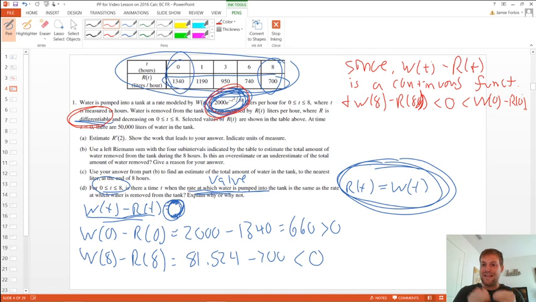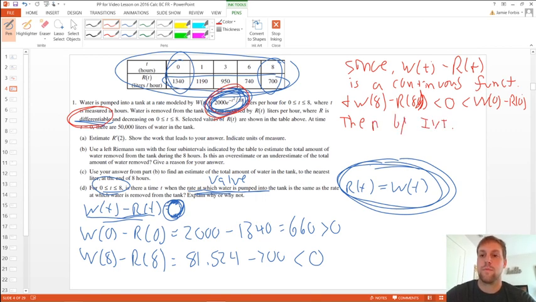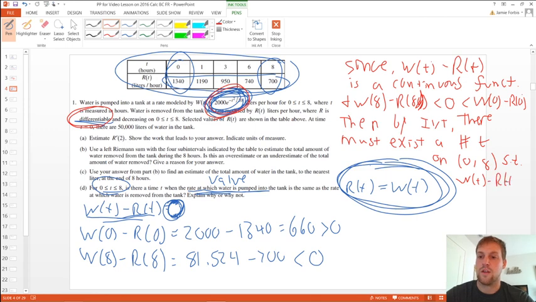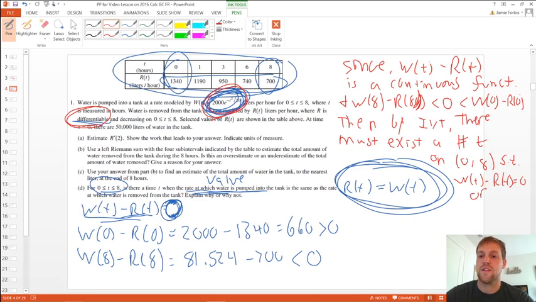Because that interval is true, then by IVT there must exist a number t on the interval 0 to 8 such that the difference W of t minus R of t equals 0, or another way of saying that is W of t equals R of t, which is what I'm looking for.